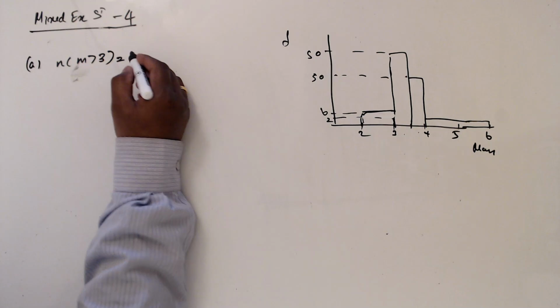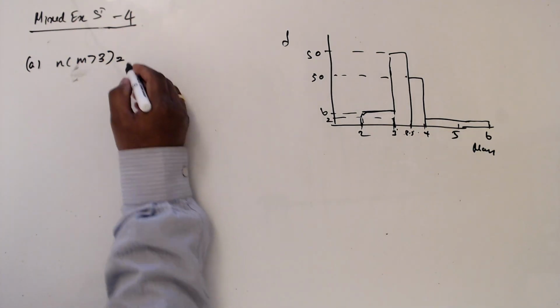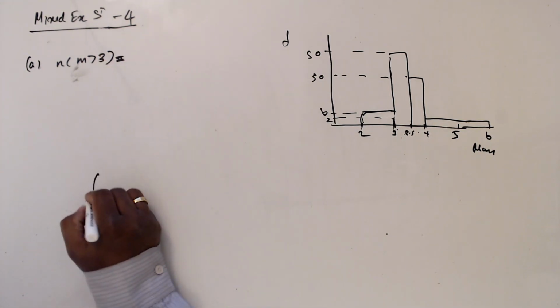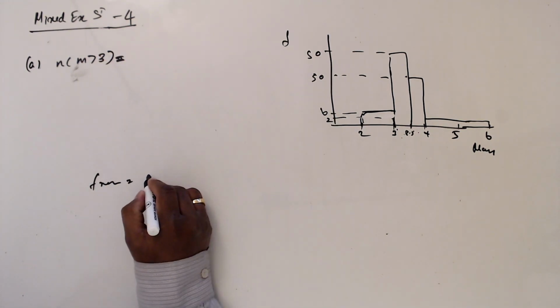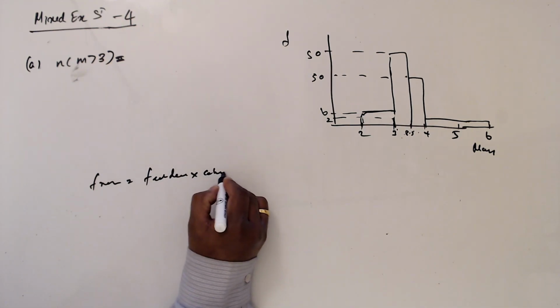is going to be 3 to 3.5, which is the gap is 0.5. We know that the frequency is frequency density multiplied by class width.